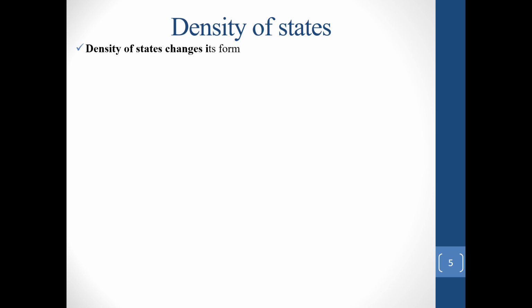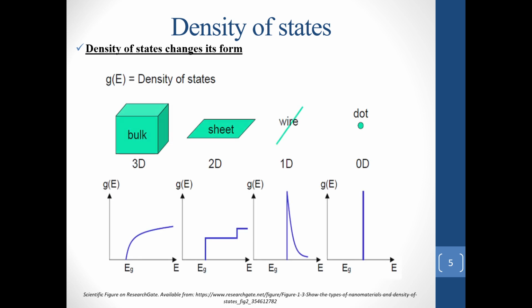So density of states also changes, as you can see, from 3D to 2D. As we move across the dimensional systems, you can see the density of states varies. The graph in 3D shows constant behavior after some value, and in 2D you can see it's a stepping up graph, and in 1D the graph changes, and in 0D you can see a graph like a delta function.